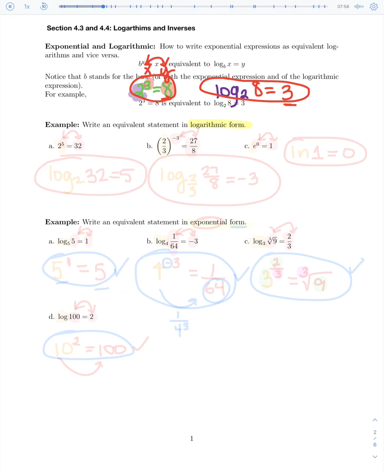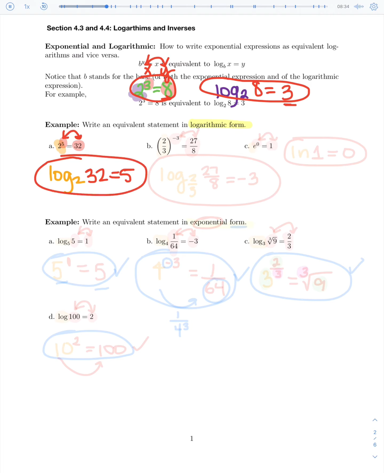So if we have, like we do in this one, an exponential whose base is 2, it's going to turn into, when we use our inverses, a logarithm base 2. But, because I'm using rules for inverses, I need to swap my x and my y, which are my 5 and my 32. So if I swap the sides on my 5 and my 32, it'll be log base 2 of 32 equals 5. That's it.